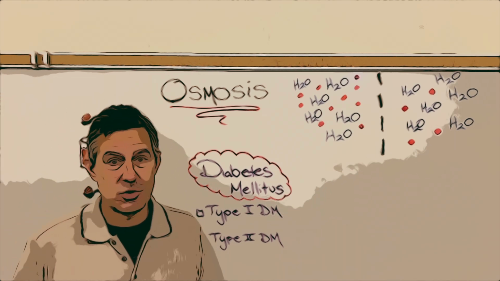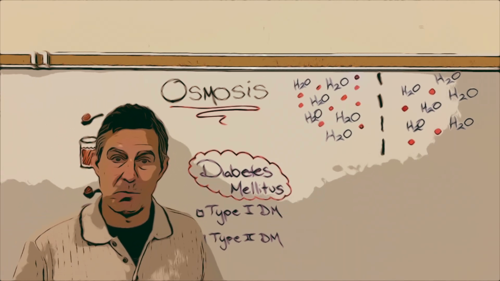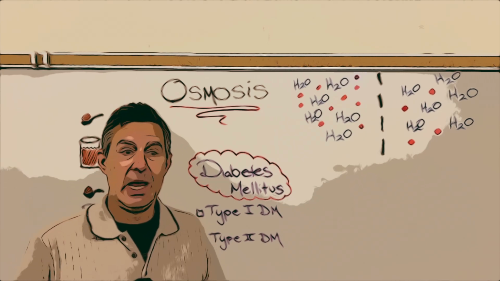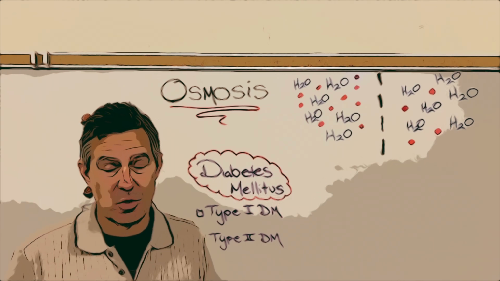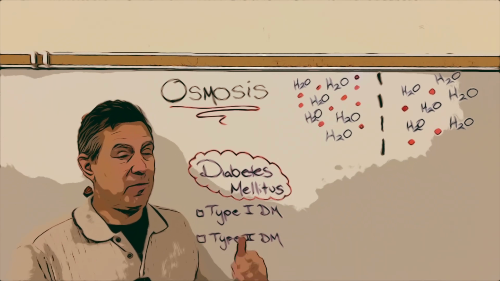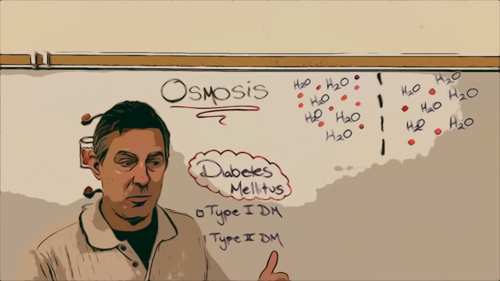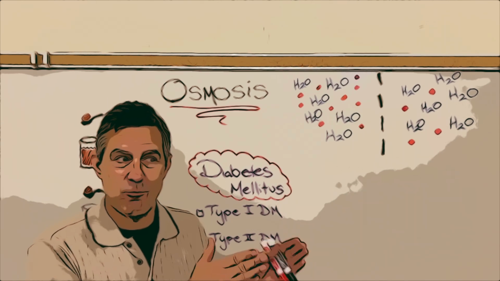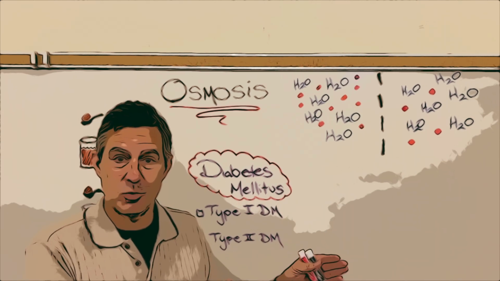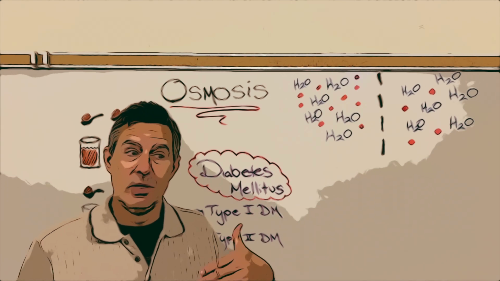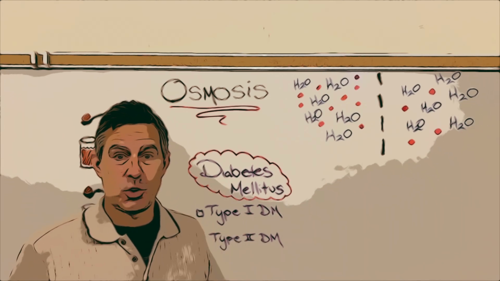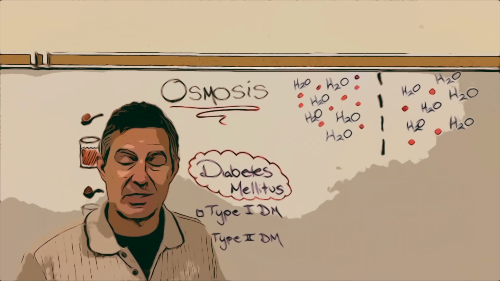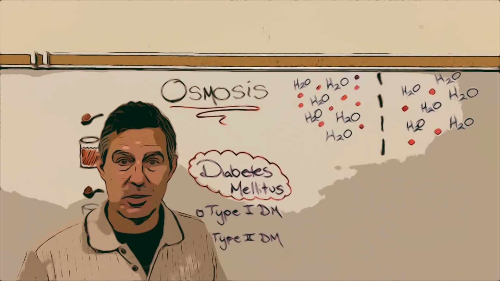Well, that glucose is going to end up getting filtered out of the blood in the kidneys, specifically within structures known as nephrons, and the glucose is going to end up in our urine. Glucose is a solute, so if there is a ton of glucose moving in our filtrate, which is the substance that's kind of halfway between, or an intermediate step between the blood plasma and the urine, if there's a bunch of glucose in the filtrate and also in the urine, what is going to want to chase that glucose into the urine?